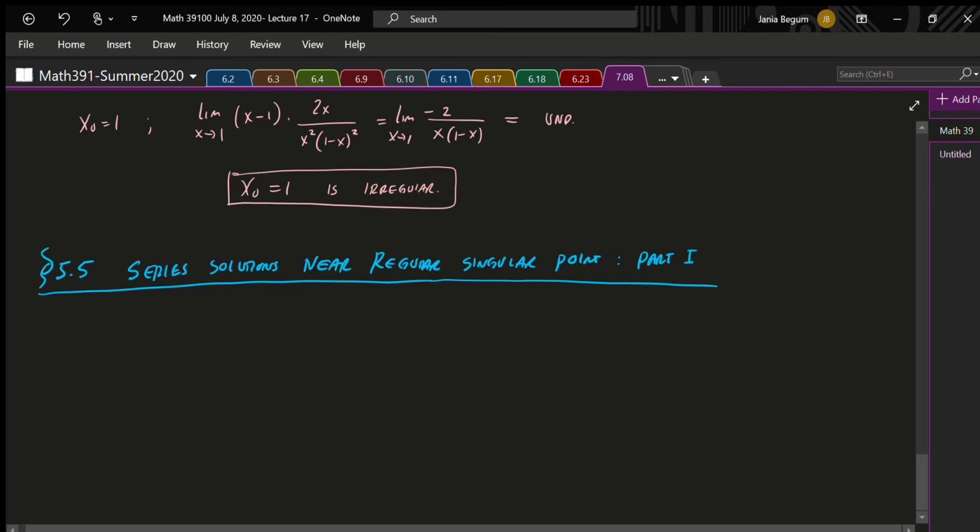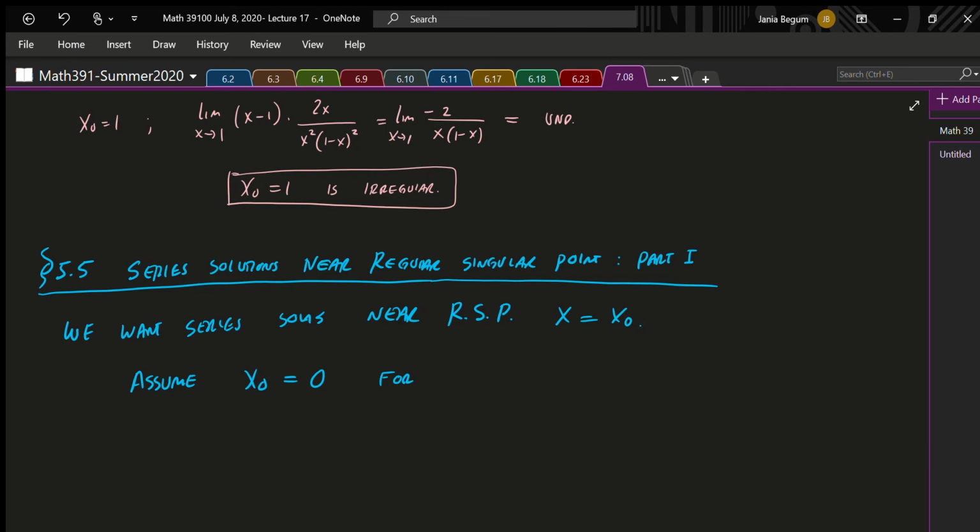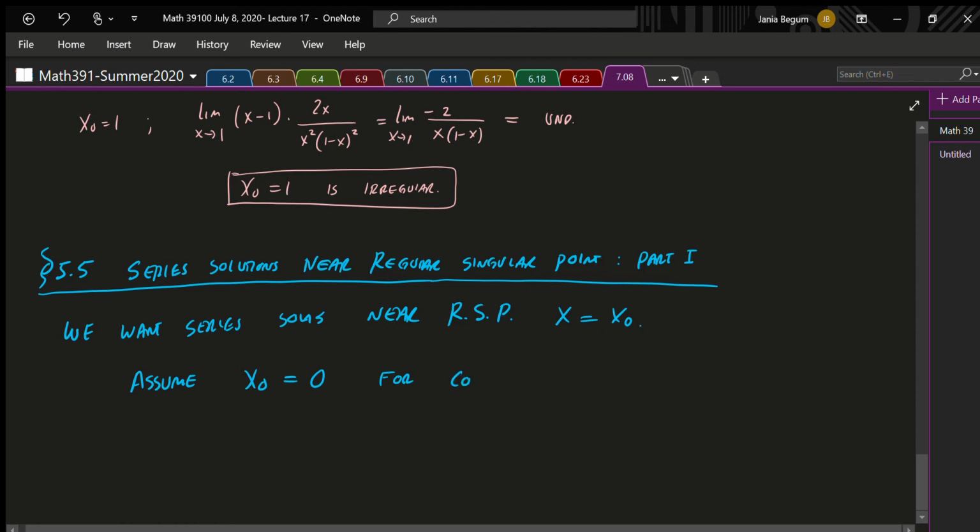So we want series solutions near a regular singular point x equals x naught, and we're going to assume that x naught is 0 for convenience, because if it's not 0, then you'll be shifting the power series and the computation can get really messy because we're doing it by hand. So we're going to consider x naught is 0 for convenience.